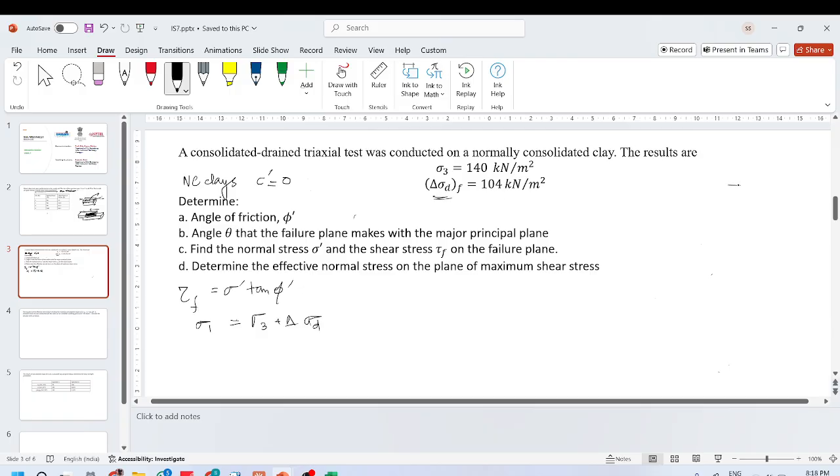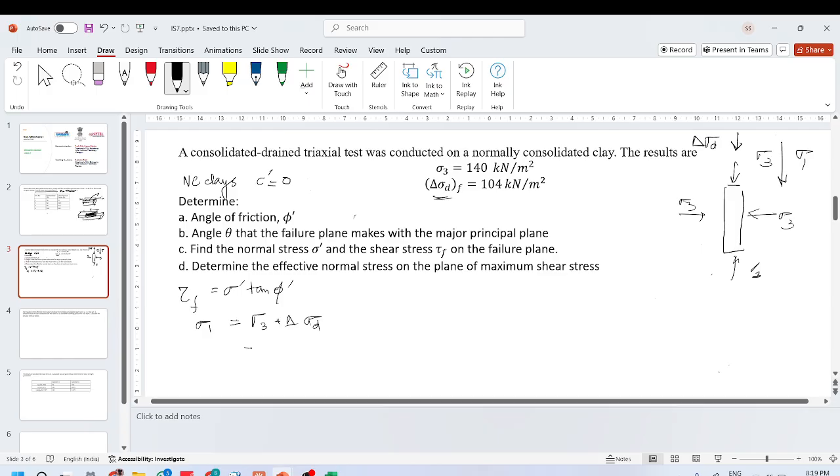Basically in your triaxial loading, you have sigma 3 everywhere, and then you apply an extra deviatoric loading, and this is your sigma 1.